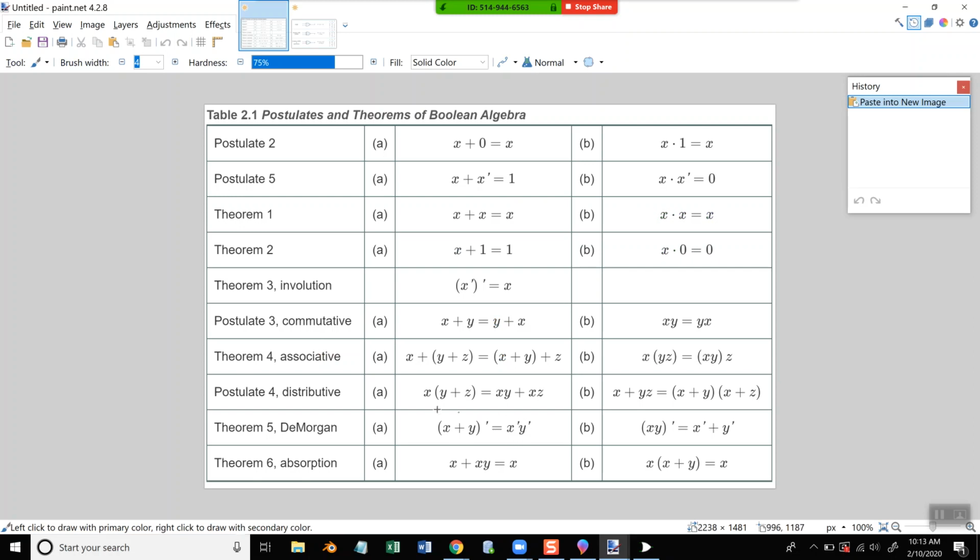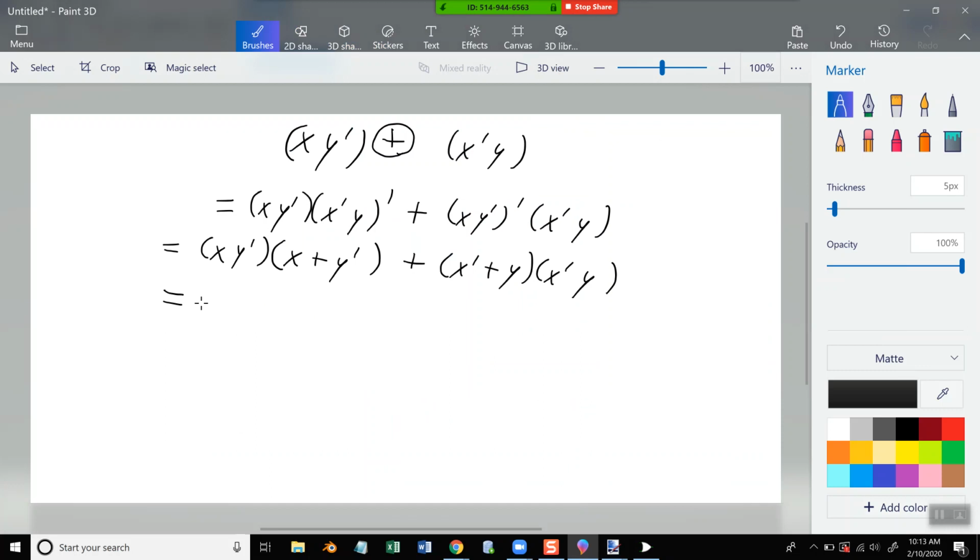Postulate 4a, the distributive property. Basically, it's just like algebra. You can multiply those together. So we're going to have this times this and this times this. So we're going to have x y prime x plus x y prime plus, and then I'll take this and multiply it times each one of these.